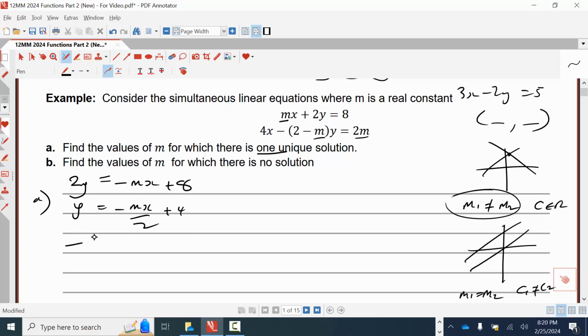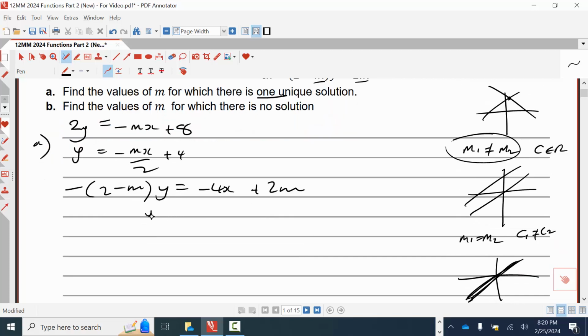All right, so the second equation is negative 2 take my equals negative 4x plus 2m. Y equals 4x over 2 take m, take away 2m over 2 take m.